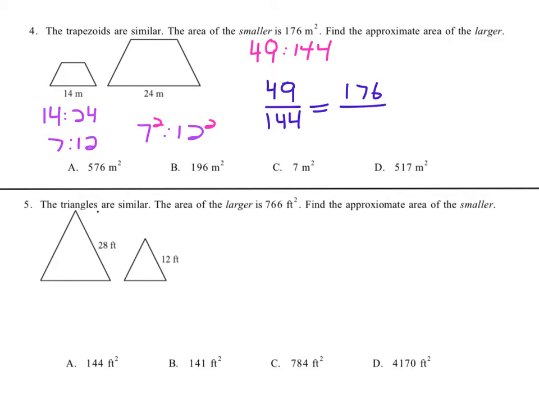So we fill that in. And what we're looking for is the approximate area of the larger. Well, since we took the length ratio of 7 to 12 and we squared it to get the ratio for the areas of 49 to 144, then 49 is to 144 as 176 is to F.